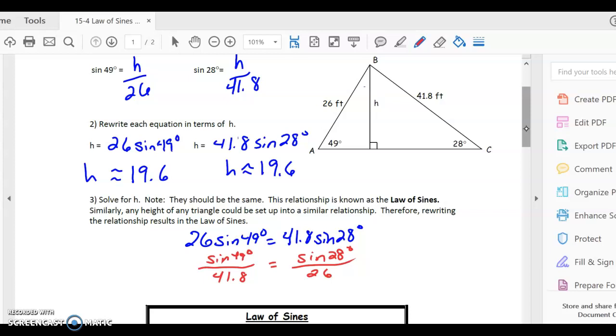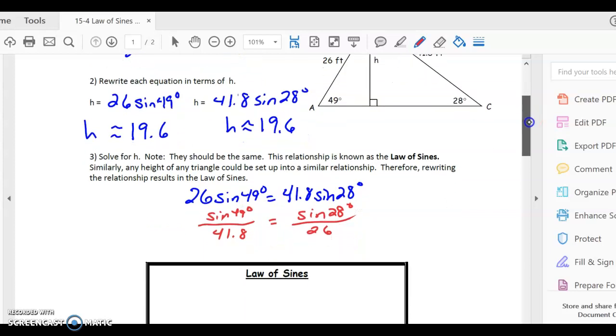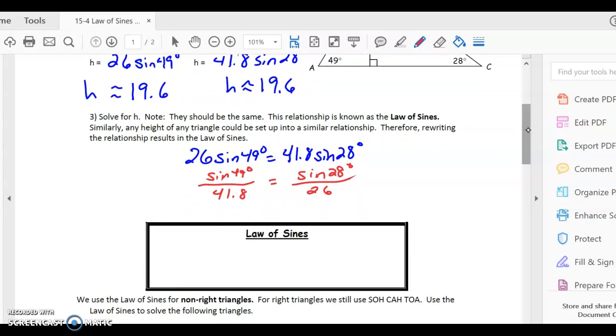So we're saying those ratios are the same. So that brings up what's called the law of sines. The law of sines says the sine of A over the side length opposite angle A is going to equal the sine of B over the opposite side b. And we could also include the third side.